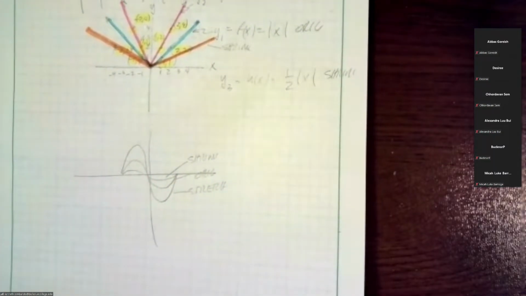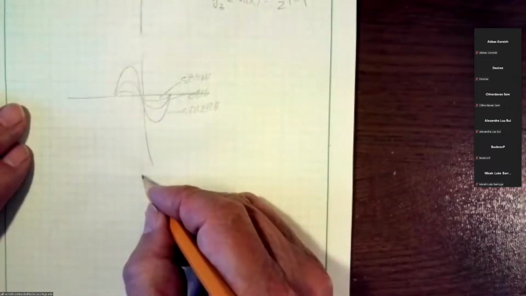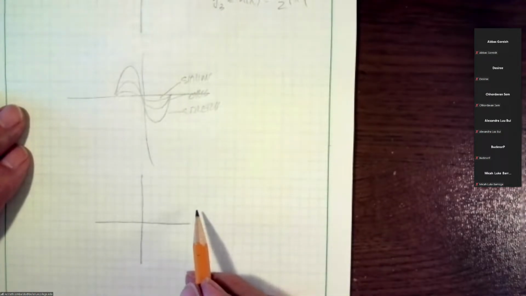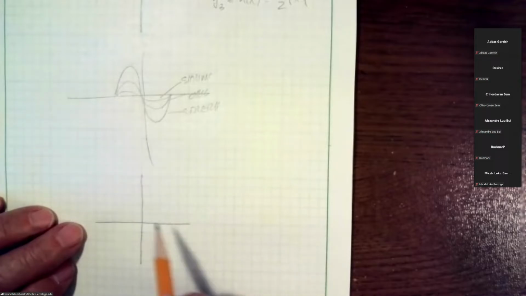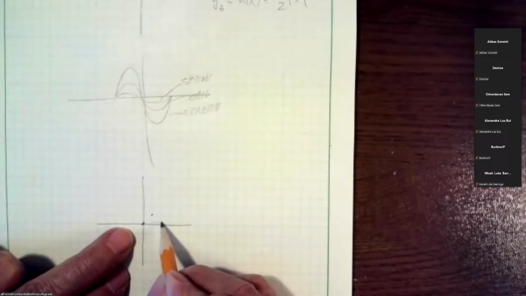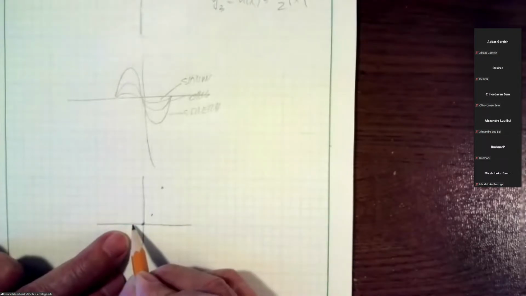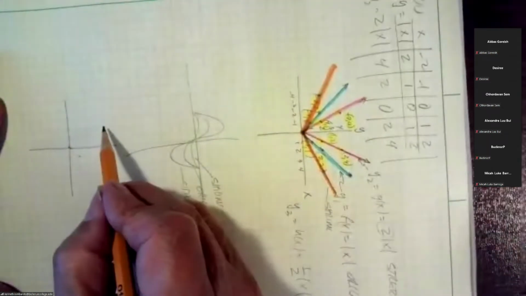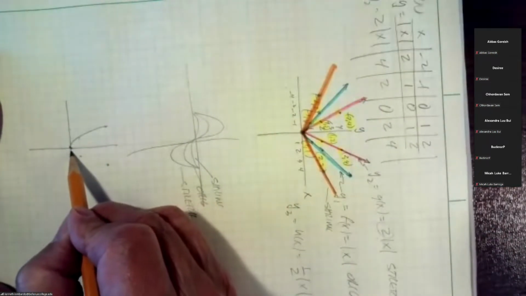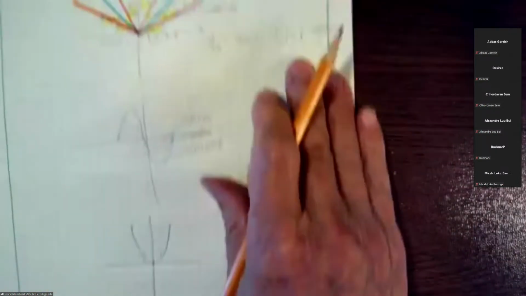We can also move things around. We could say, well, what if we started out with a parabola. And maybe we have a parabola where we start here, 1, 1, 2, 4. So maybe we have a parabola that looks sort of like that.